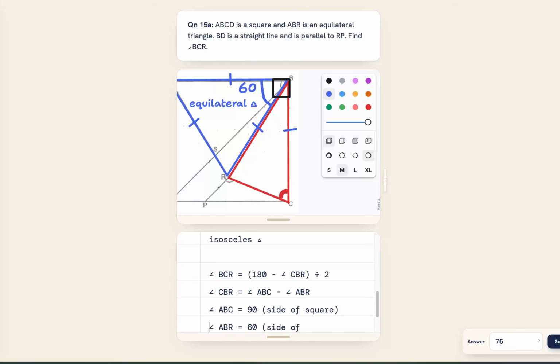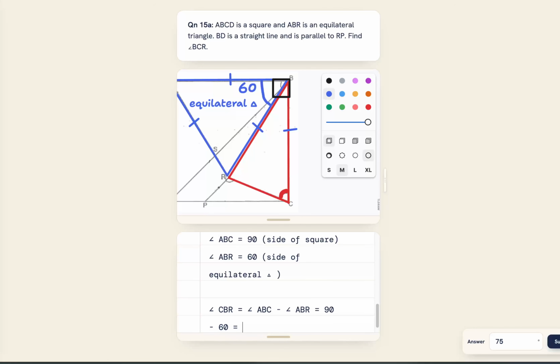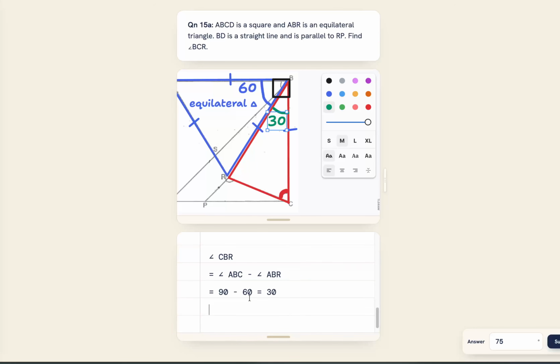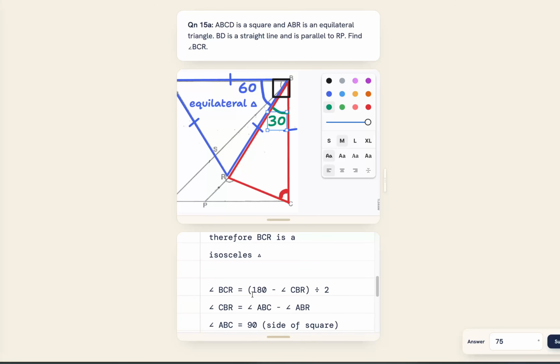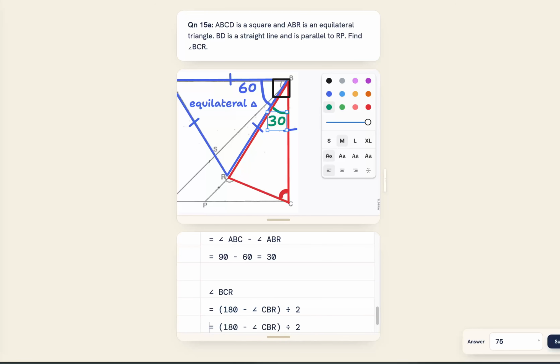So this would be equal to 90 minus 60, which is 30 degrees. Since we know angle CBR is 30 degrees, we can find BCR, which is equal to 180 minus 30, divided by 2. And this will give us 75 degrees. There you go. So the answer is 75 degrees.